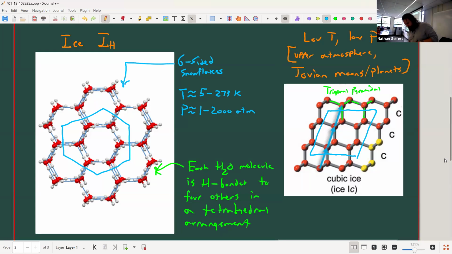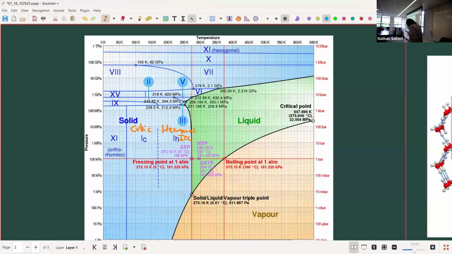Right. So here's an interesting question. Let's go back to the phase diagram and understand that while we have hexagonal ice here, that's what we can create in the lab. So why can't I just take hexagonal ice, I want to make cubic ice? Cool idea, I'm doing that. I'm going to just take hexagonal ice and cool it.